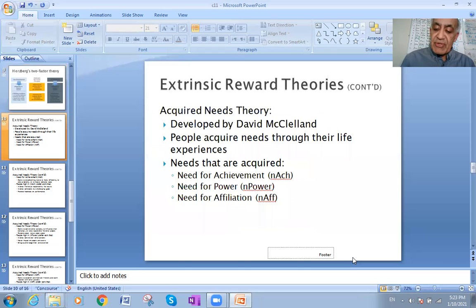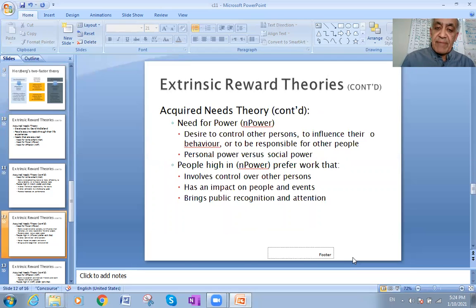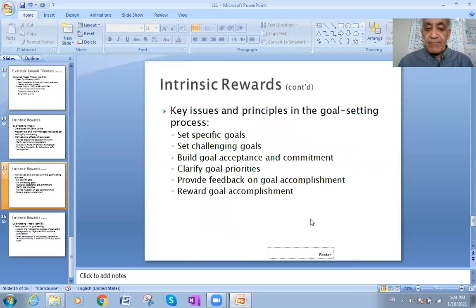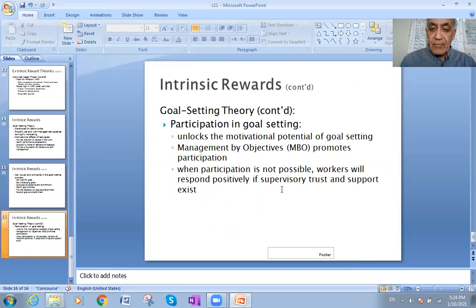So, this is the most important part of the theory of Herzberg. Today we talk about two theories.